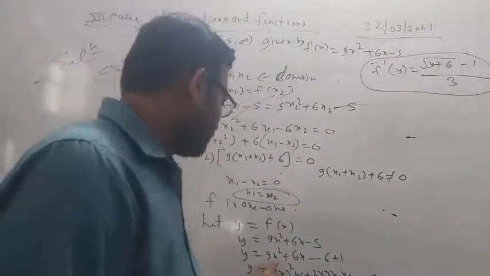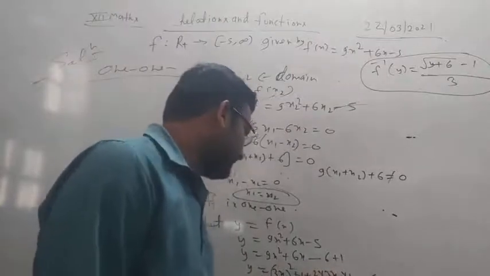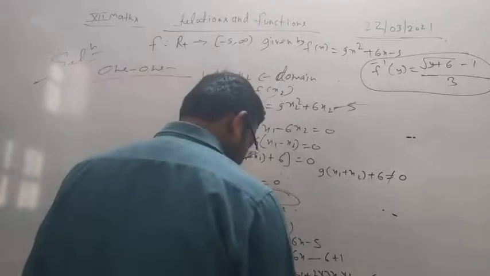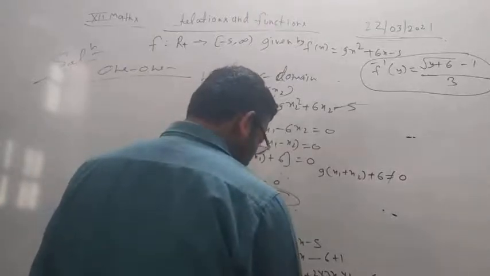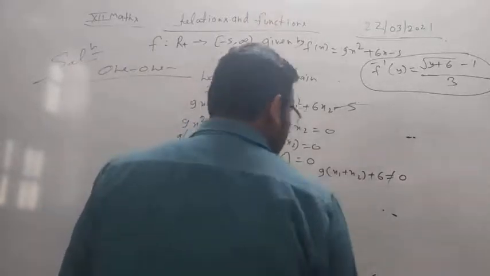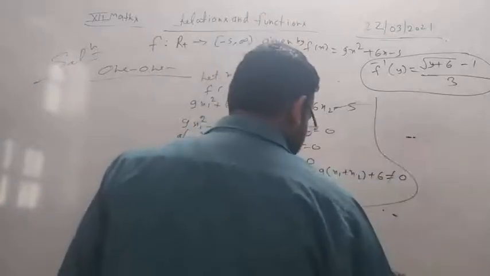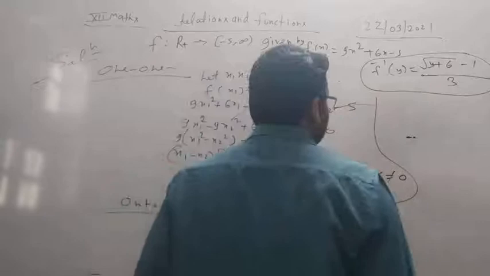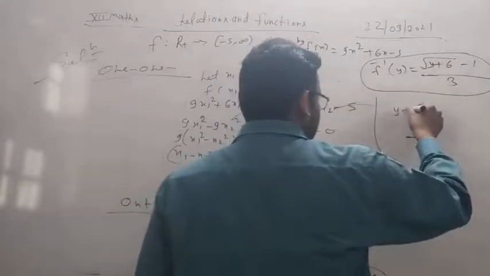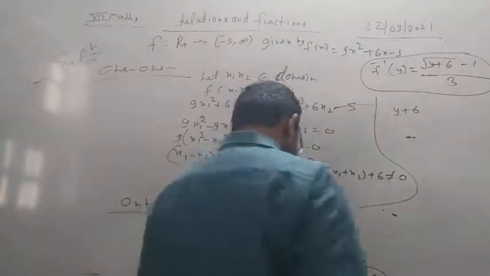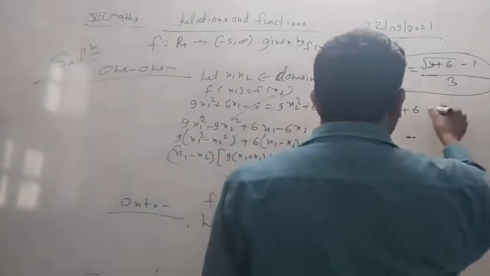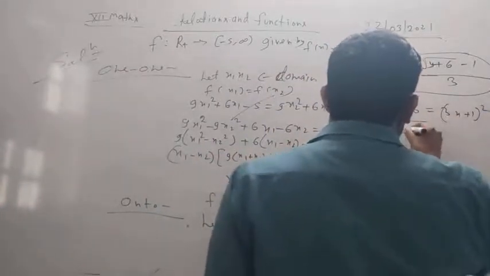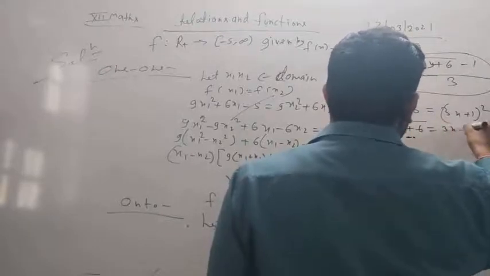Okay students, this we can write like this, and this is 1, so we write (3x + 1)² − 6. Okay, now students, this part we write y + 6 = (3x + 1)², so y + 6 = (3x + 1)².